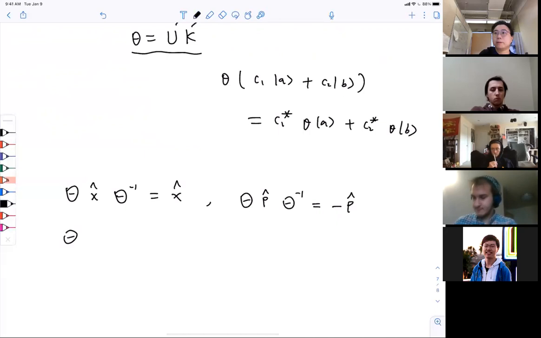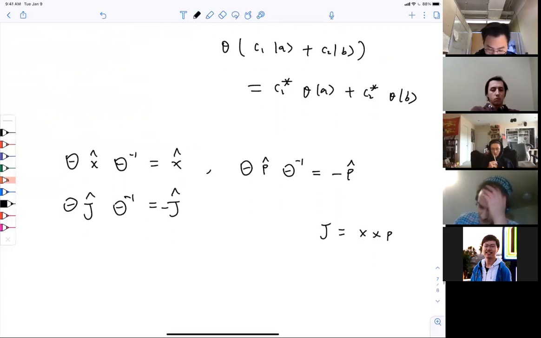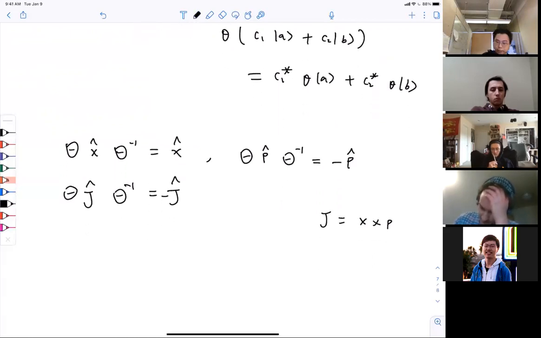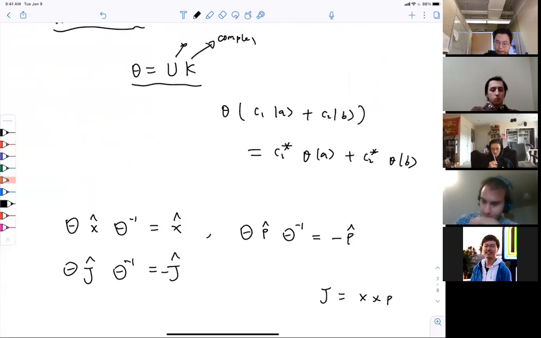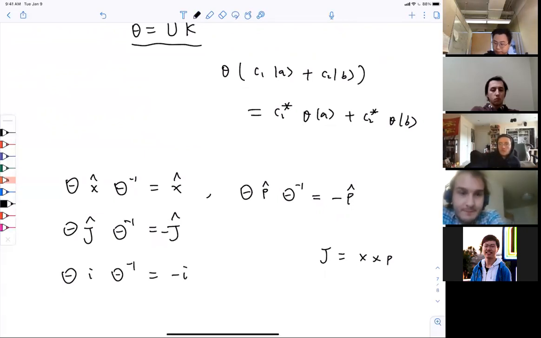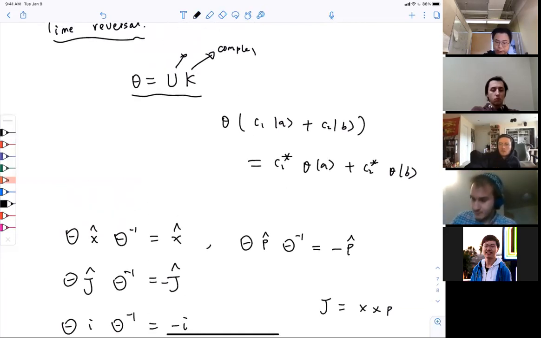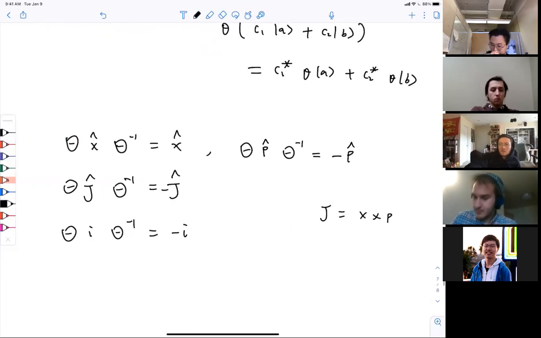We also want the operator J to flip sign, because J is X cross P. Another special thing is that whenever you have a complex number, you always take the complex conjugate of it. It's due to the fact that time reversal is an anti-unitary operator.